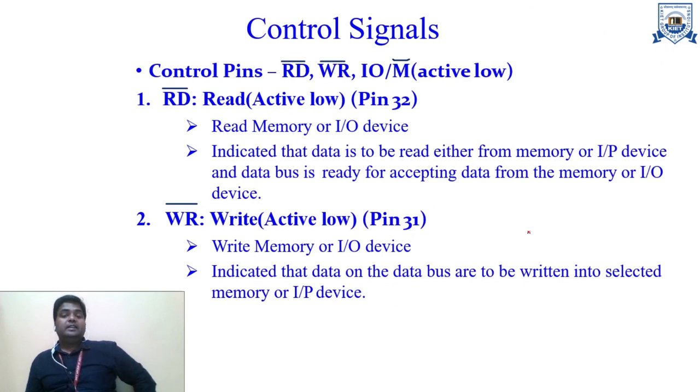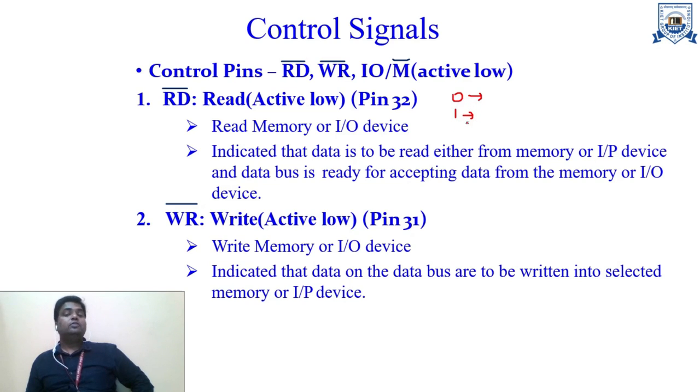In the same way, if we are talking about the control signals, we have these 3 control pins, that is read complement, write complement, and input output oblique M complement. When we have a complement for a particular pin, what does it mean? It means that it is an active low signal. That means when it is 0, it is active, and when it is 1, it is deactive.